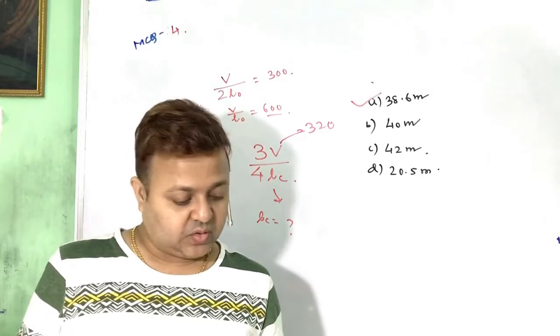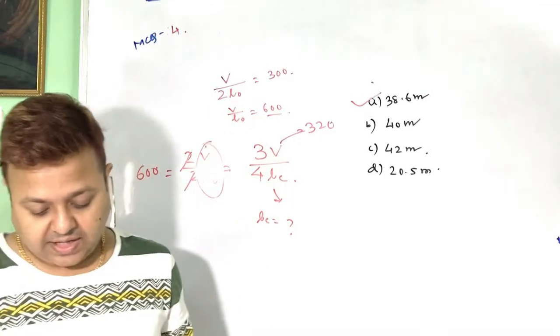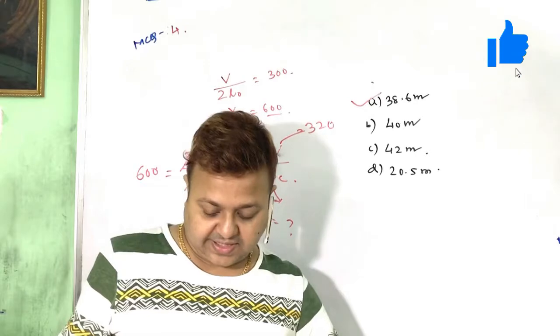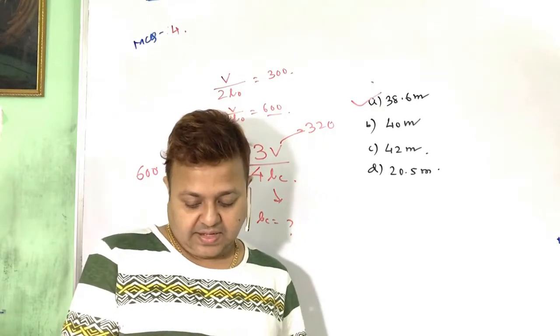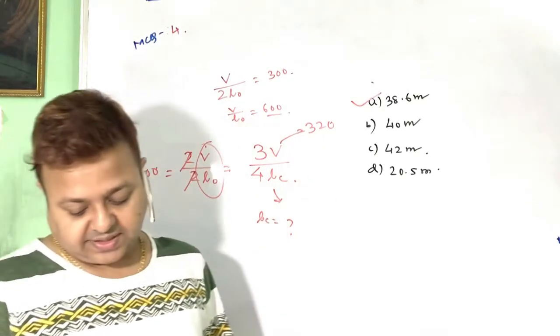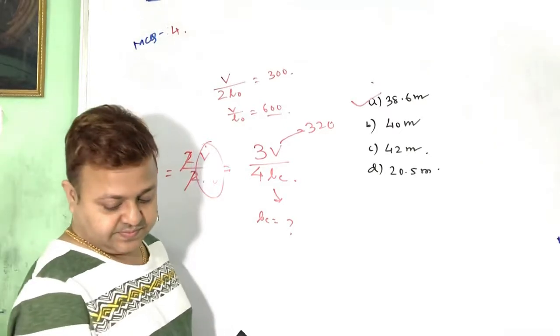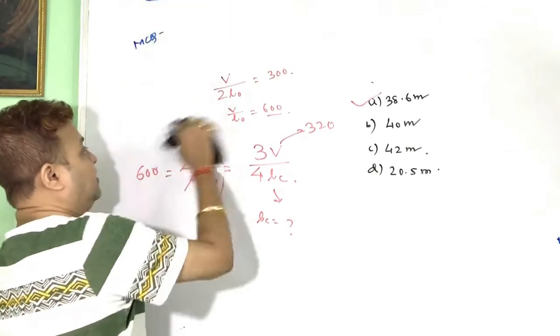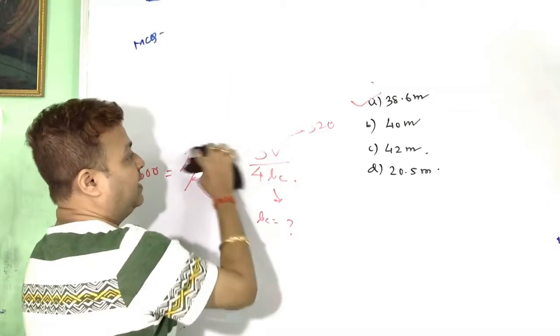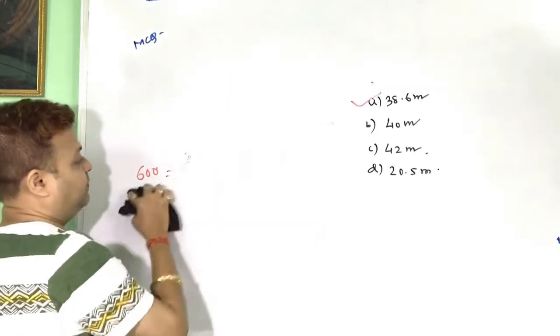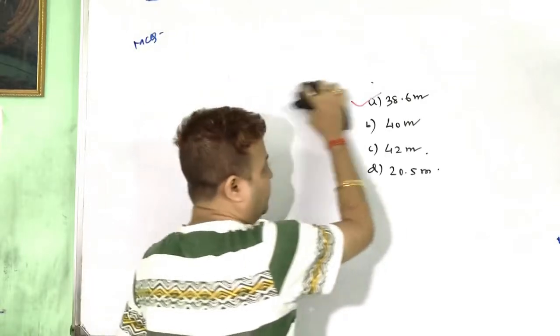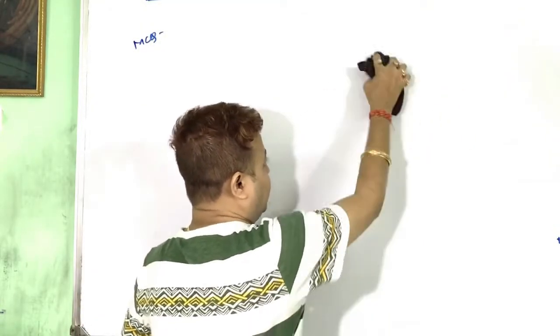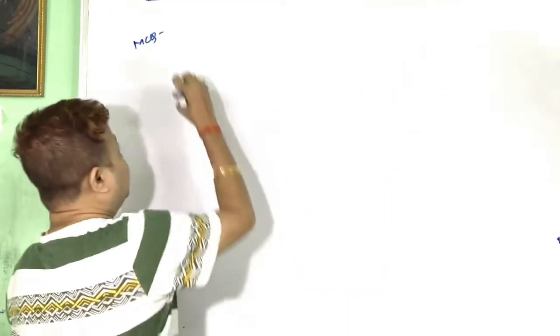Next, two organ pipes closed at one end give 6 beats per second with their fundamental node. What does that mean? When they vibrate in the fundamental mode, with their fundamental node.